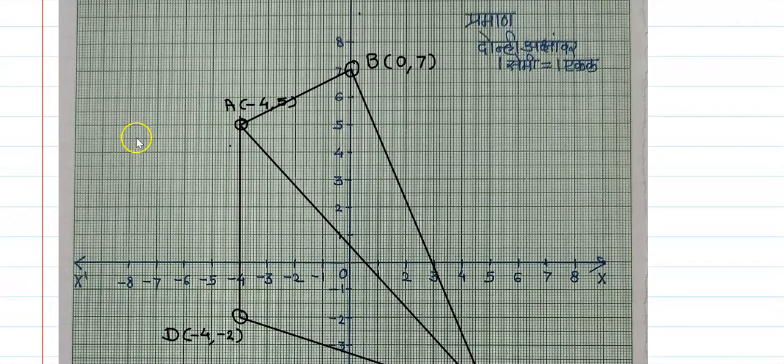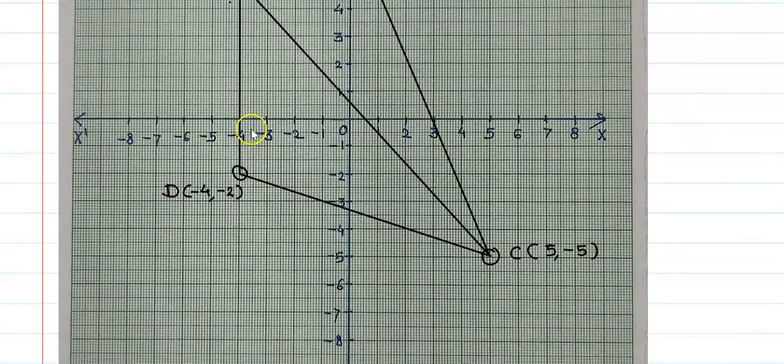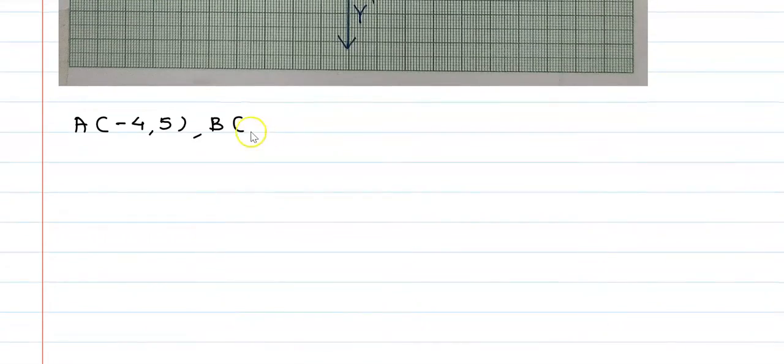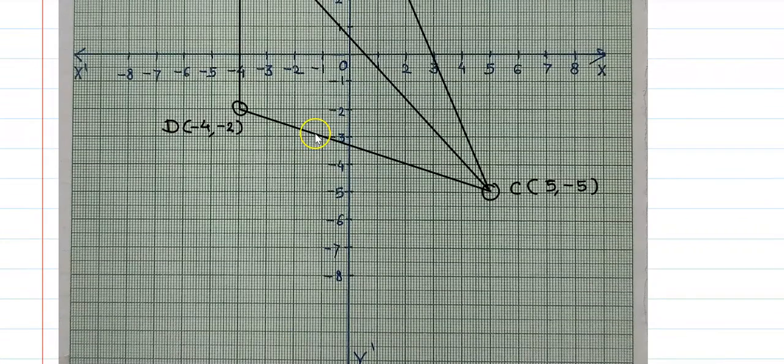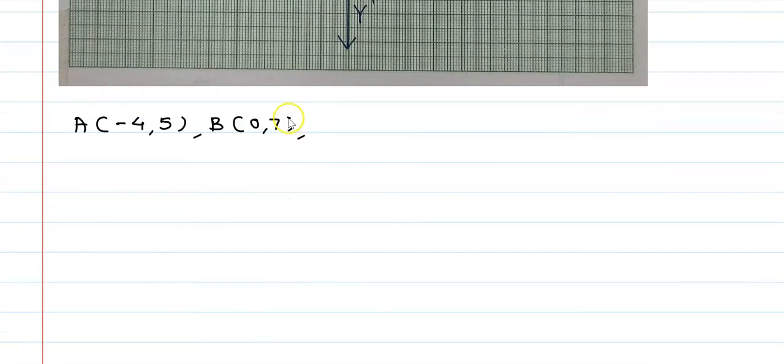Vertices are A: the first vertex is (-4, 5); B: (0, 7); C: (5, -5).